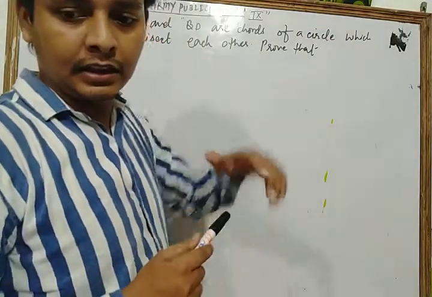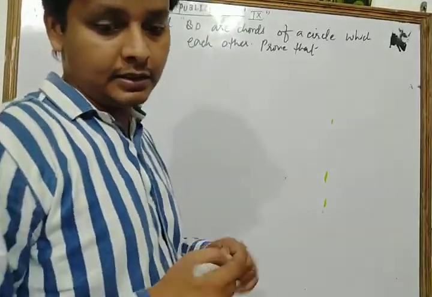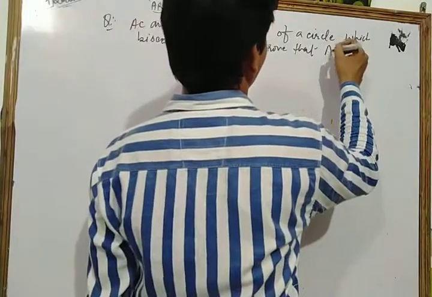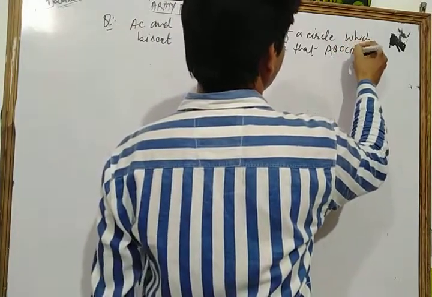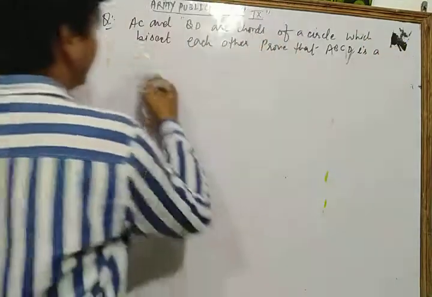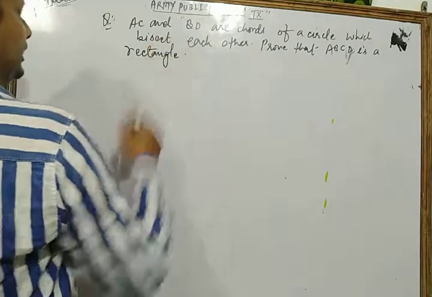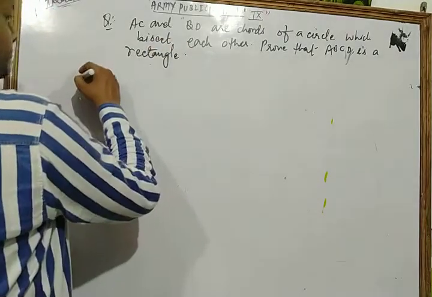Prove that ABCD is a rectangle. Okay, now let's see its proof.